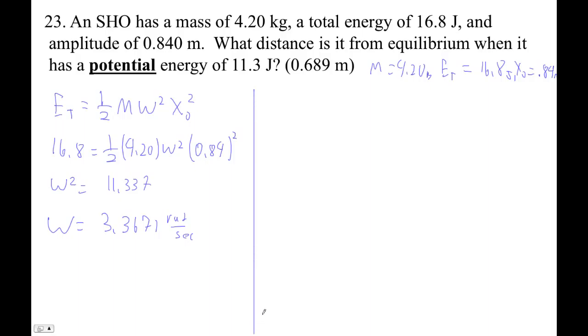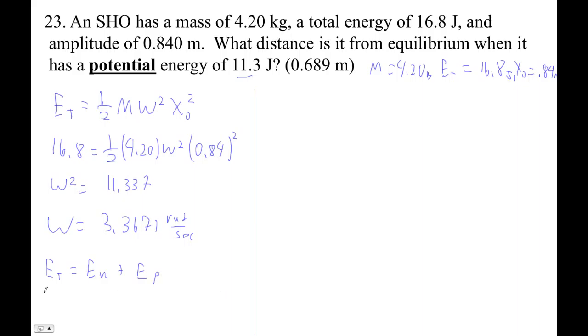Now, what distance is it when it has a potential energy of 11.3? Oh, good golly. Okay, well, if the potential energy is 11.3, then the total energy is kinetic energy plus potential energy, right?